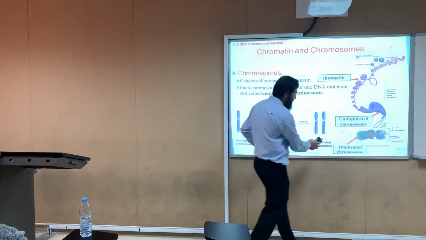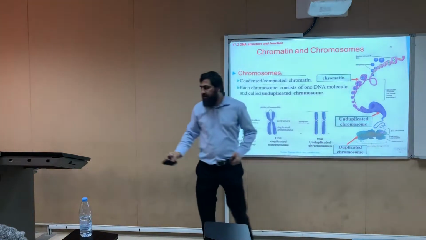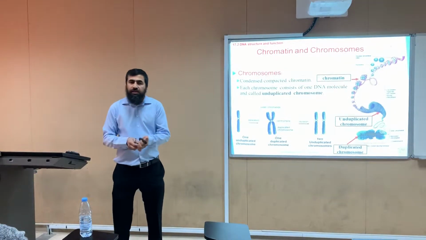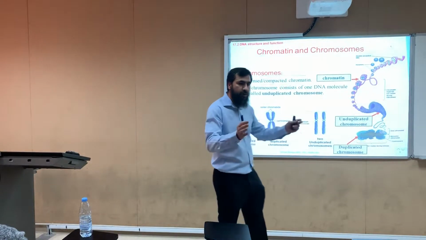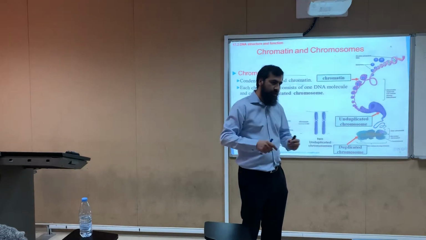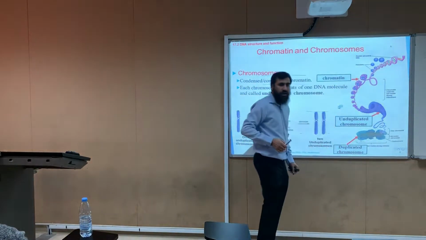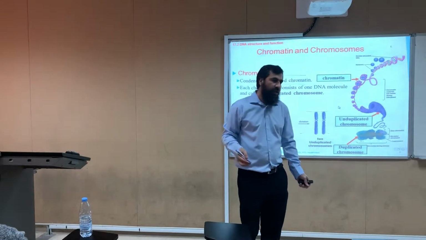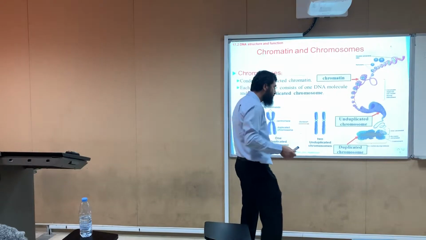These sort of structures, okay? So what happens is, during cell division, the DNA needs to be compacted, so it's easily separated during the division into the two new cells, okay? So it forms these nice units called chromosomes, and in humans we have 23 pairs of chromosomes that we need to separate.